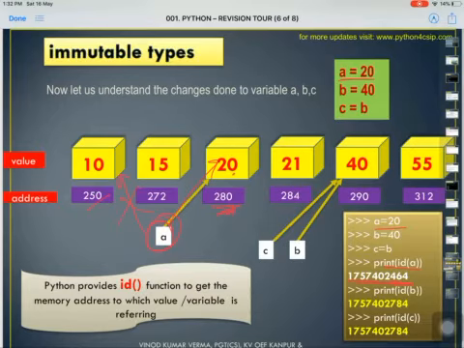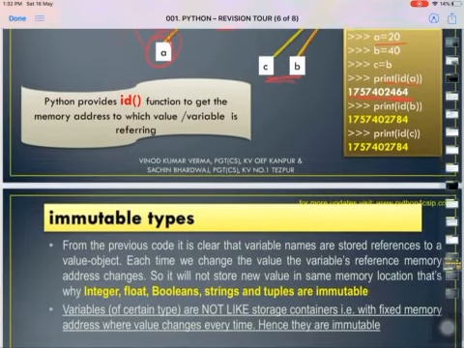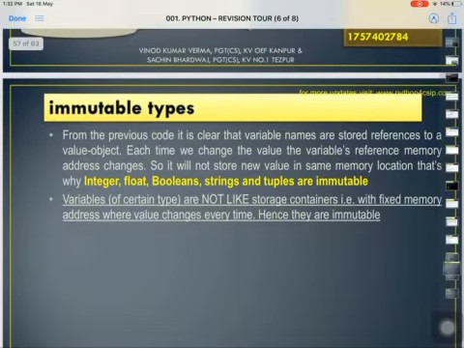Similarly, C is equals to B. If I say C is equals to B, C is pointing to the value 40, earlier it was pointing to 15 in the previous statement, and B is equals to C, that means B and C both are pointing to the same value, that is 40. You can try all these examples on your Python IDE. So that is why they are called immutable types.